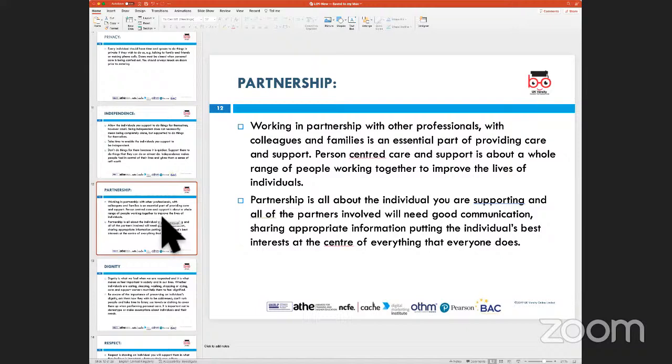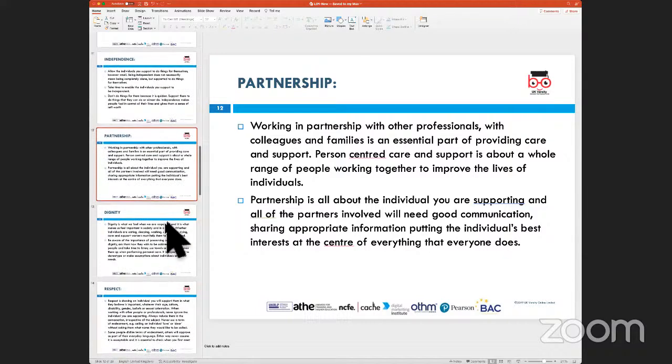Your local GP surgery will take over, and you would probably get somebody coming in from the local authority as a social worker or as a nurse coming to visit you to regularly change your dressings and check on you. But this shows partnership. From the hospital to the GP surgery to the community center to social workers, they are going to be working in partnership to help you get back onto your feet as soon as possible.